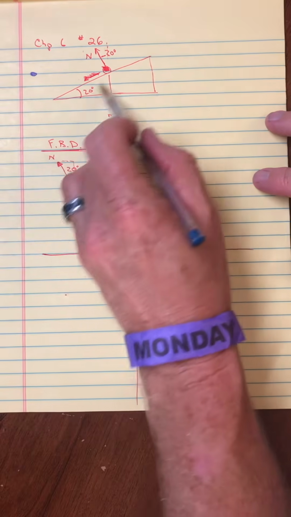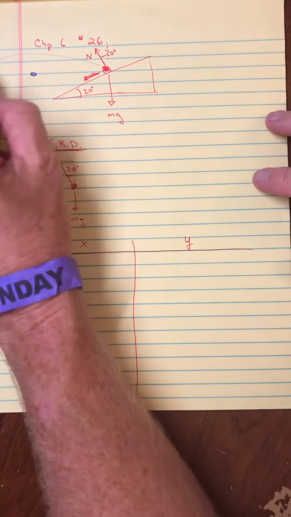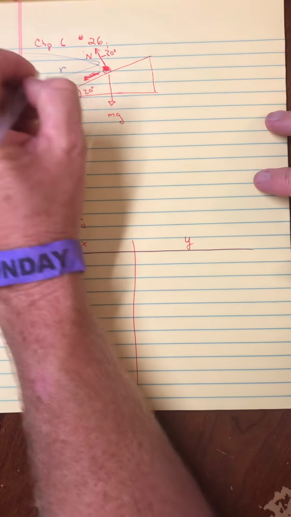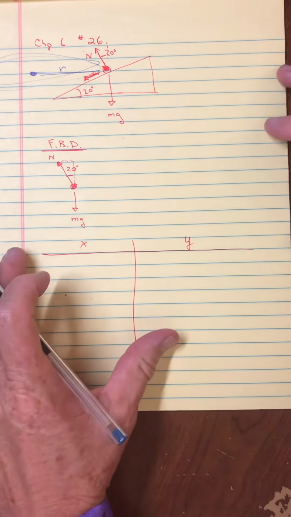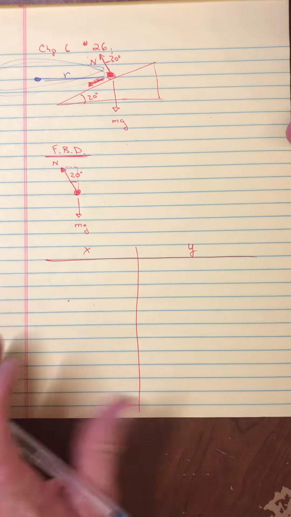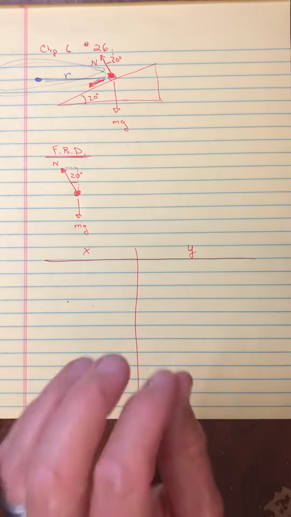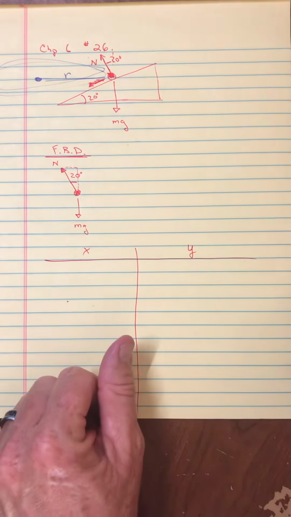That would be a circle that would look like this. But the center's here, so it goes around and comes back like that. And so this is the radius. And we know from this chapter that the acceleration for something that goes in a circle is v squared over r towards the center of the circle.